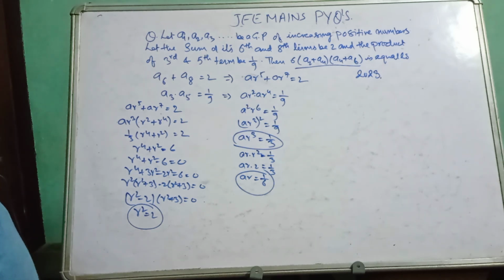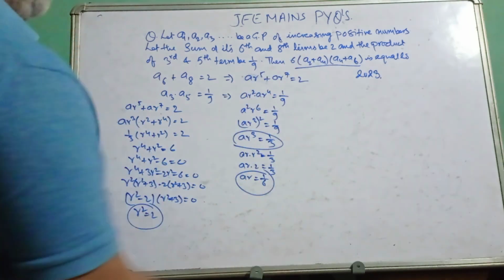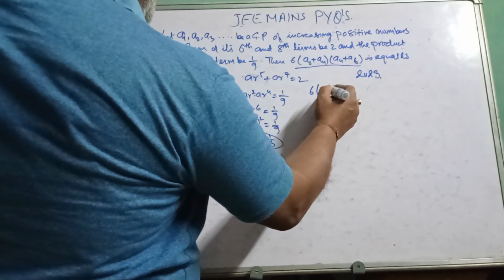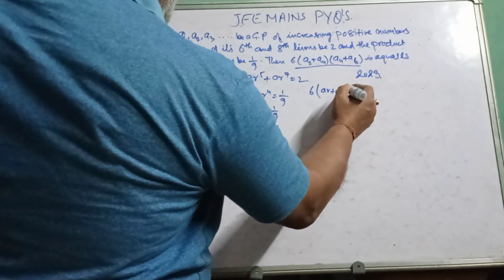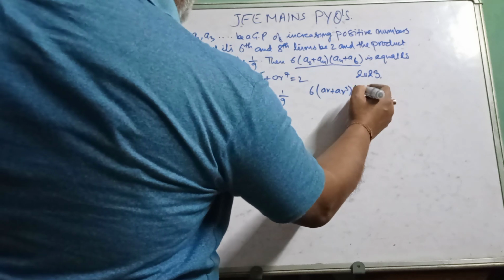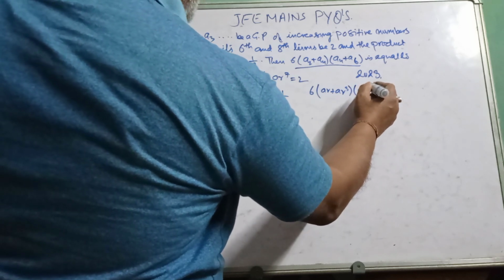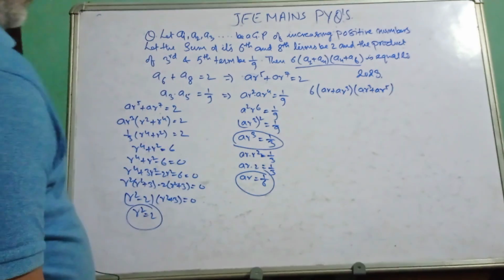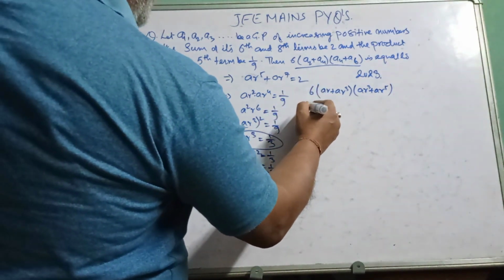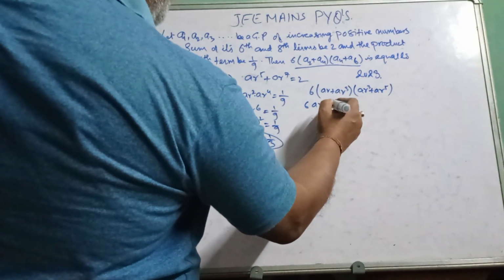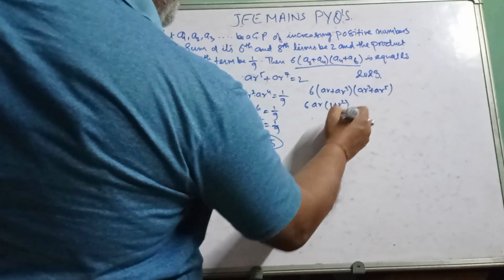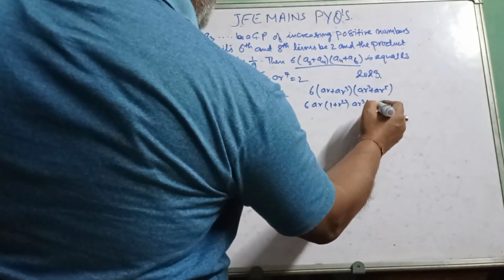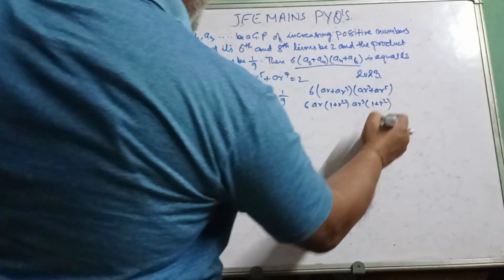Now you have to find out the value of this. So this will be 6 into A2, that is AR, A4, that is AR cube, and A6, that is AR5. Here AR is common, 1 plus R square, and here again AR cube is common, 1 plus R square.